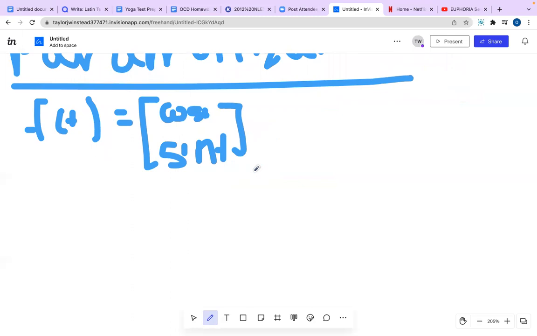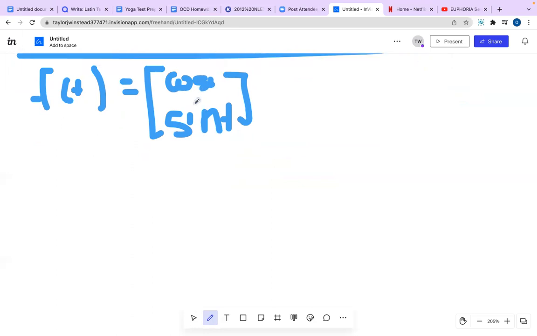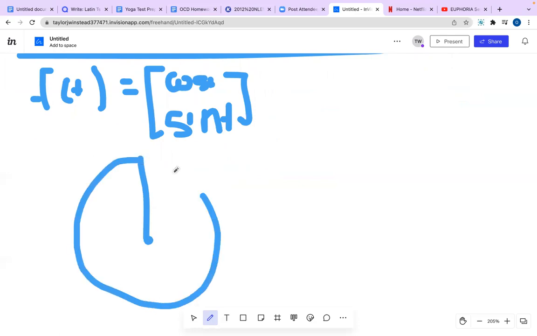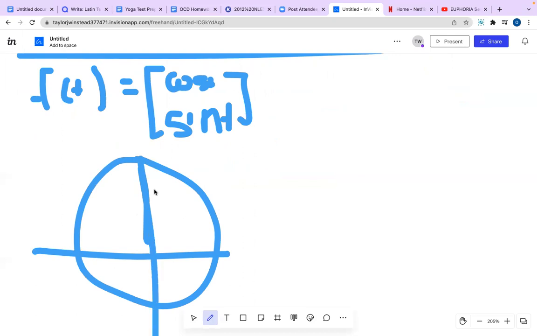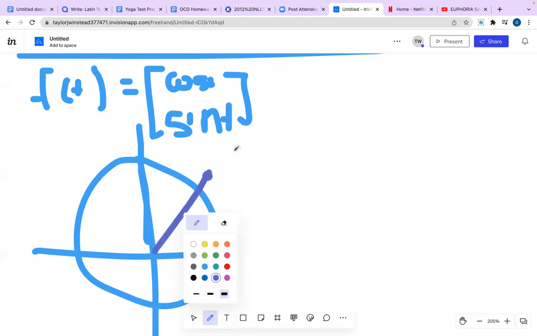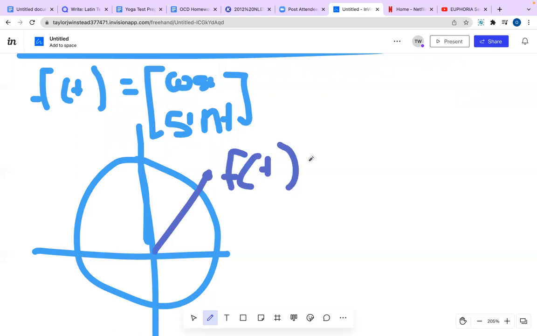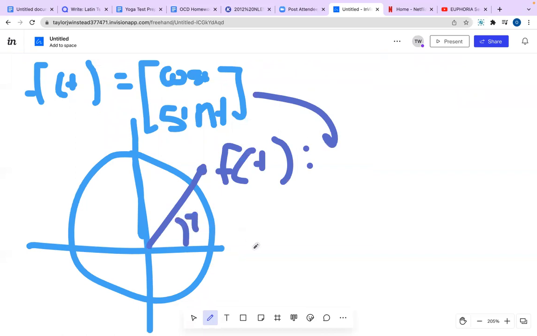So what they point out is that the image of this function is really going to be the unit circle. And I can draw this and explain why. So if we've got, and I'll use a different color here, f of t for some cosine t, sine t. And here's t right here.